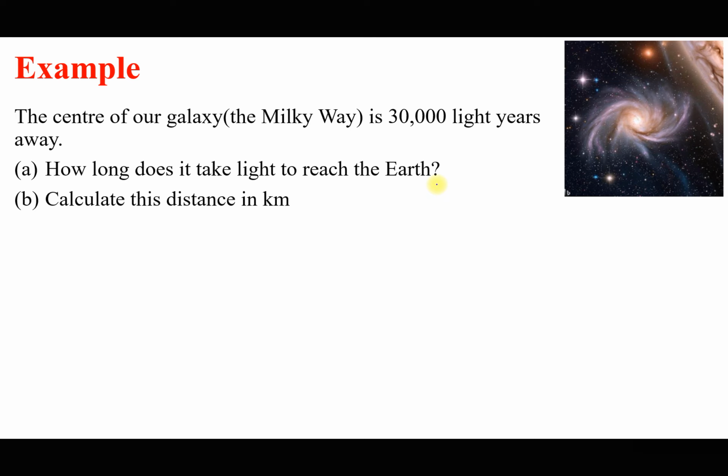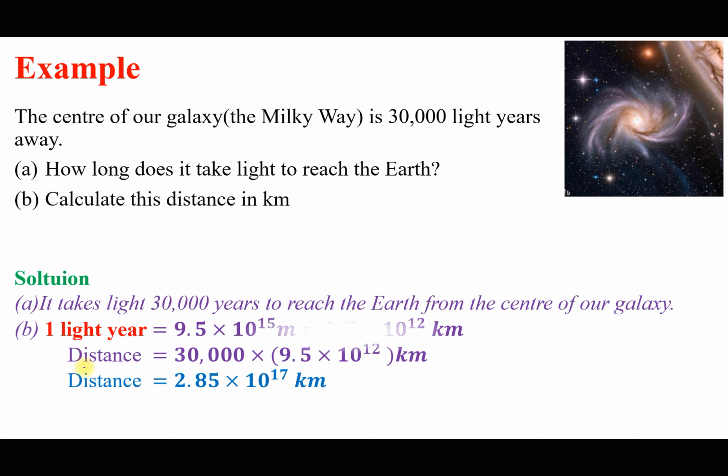And if 1 light year is 9.5 times 10 to the power of 15 meters, then we can find the distance in kilometers. It takes 30,000 years to reach the Earth from the center of our galaxy, because the center is about 30,000 light years away. And remember, 1 light year is 9.5 times 10 to the power of 15 meters.